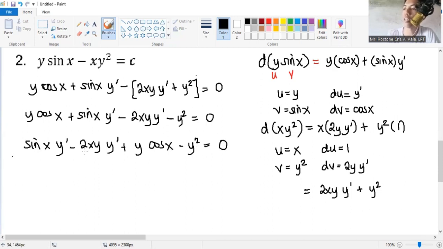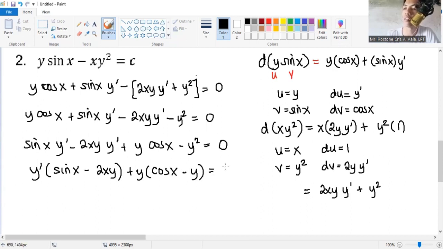So factor out natin yung y prime dito sa first at second. So kasi yung common factor. We have y prime multiplied by sin x minus 2xy. Then in this case, we have plus. Factor out natin yung y kasi yung common factor. We have y multiplied by cosine x minus y equals 0.